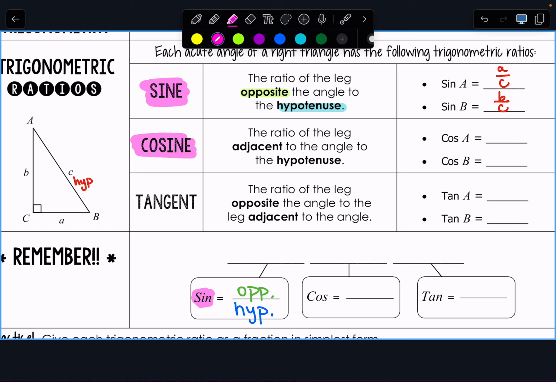And the cosine ratio is going to be adjacent over hypotenuse. So I want you to write adjacent over hypotenuse.